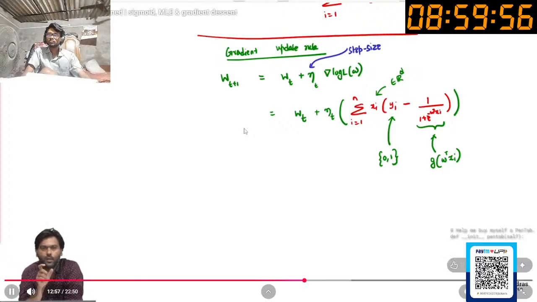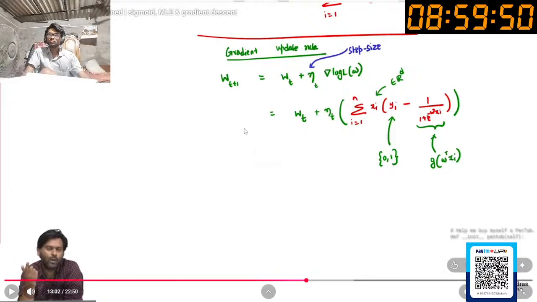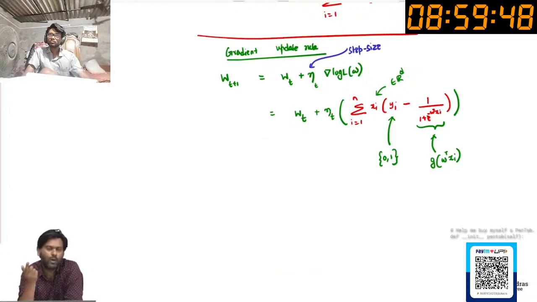First thing to notice here is that the gradient is actually a linear combination of our data points, because we are summing up over all of them.